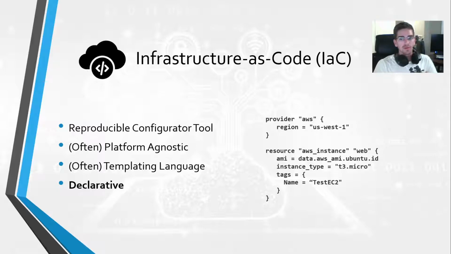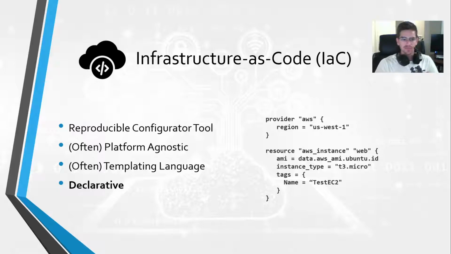Or I can publish a new version and know that it's going to be the exact same as the previous version because there's no change to my configuration. So an infrastructure as code tool is technically just a reproducible configurator tool. It takes a configuration and it describes it in its entirety.